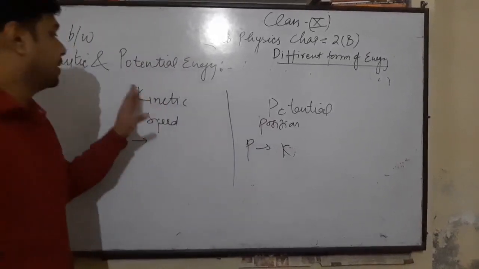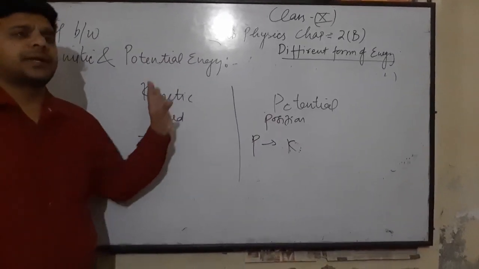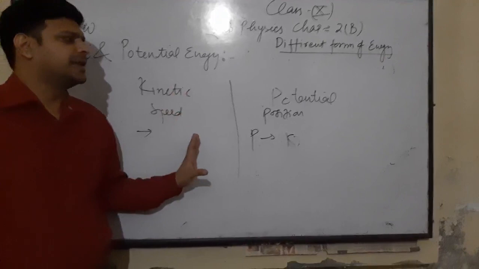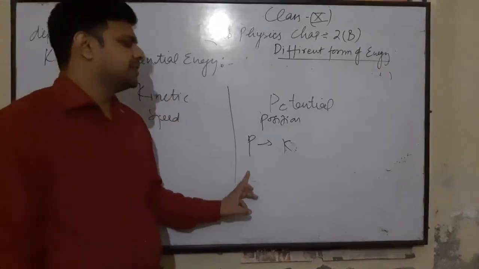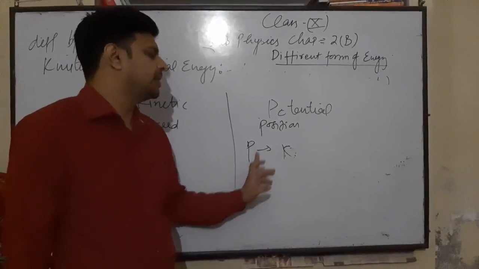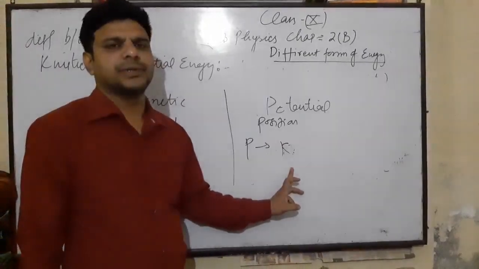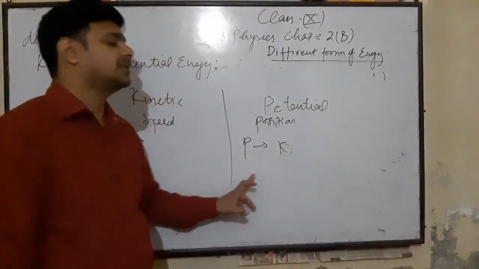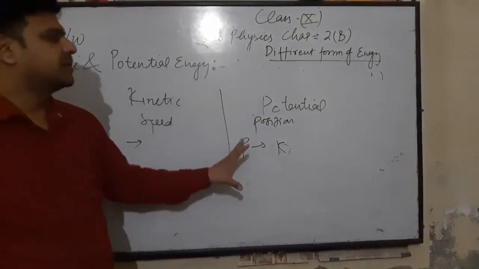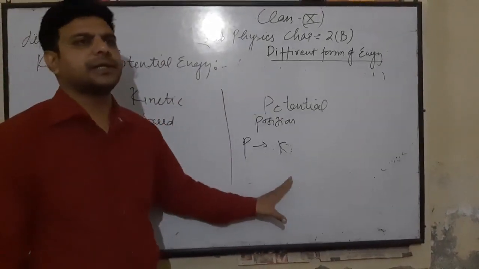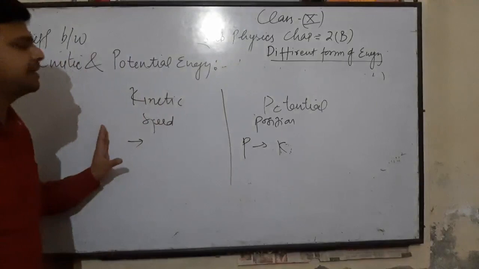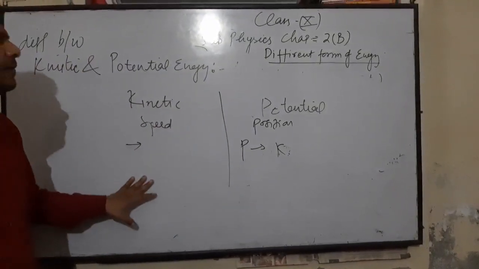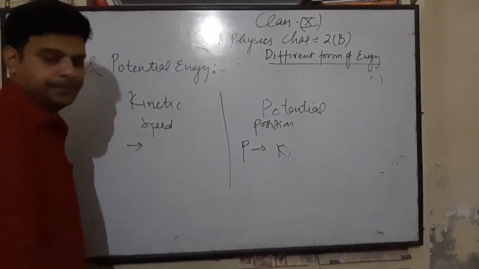Kinetic energy can transform into any other type of energy, but potential energy always transforms in the form of kinetic energy. This is a very important point. You must remember it, that potential energy can be converted into only kinetic energy, but kinetic energy can be converted into any other form of energy.